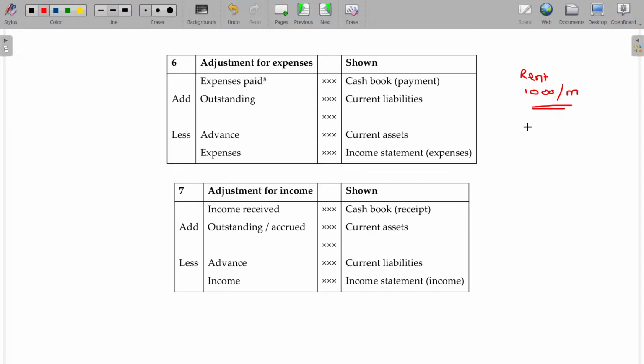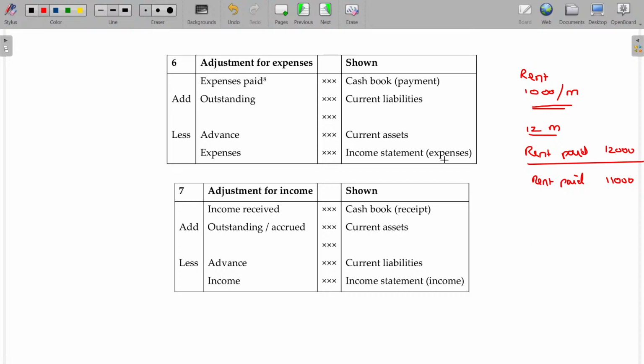For a 12 months period, rent paid should be 12,000, no problem, right? Per month 1000, for 12 months it is 12,000 rupees. But the rent actually paid being only 11,000. What is it supposed to pay further? This is called outstanding expenses.